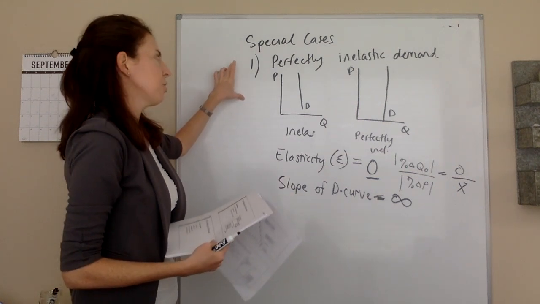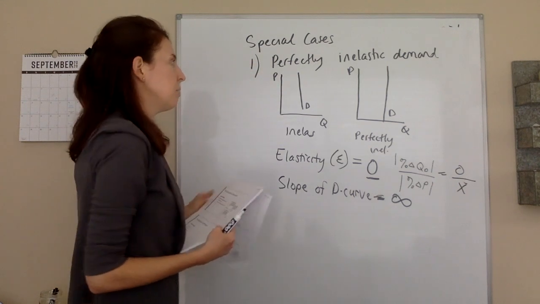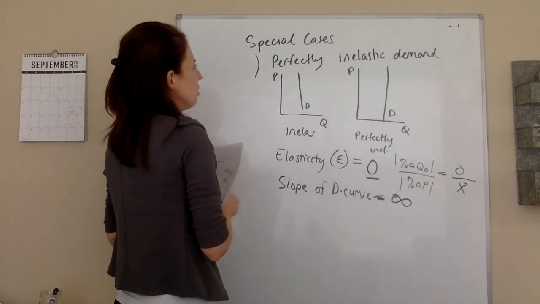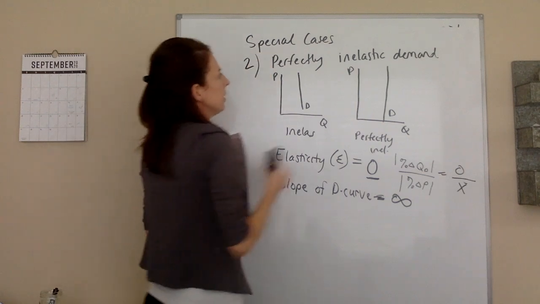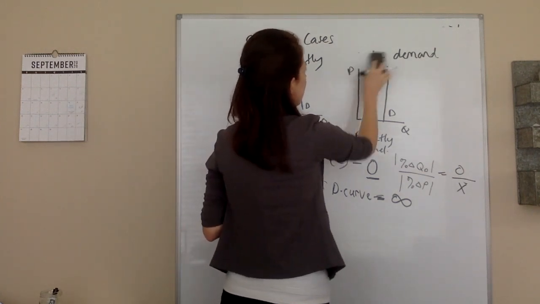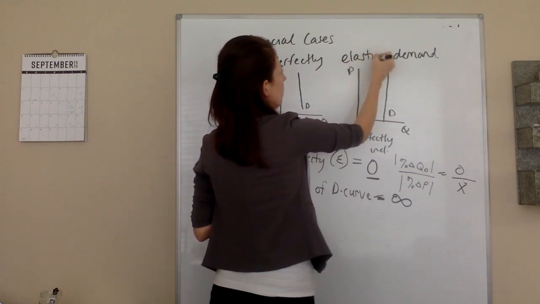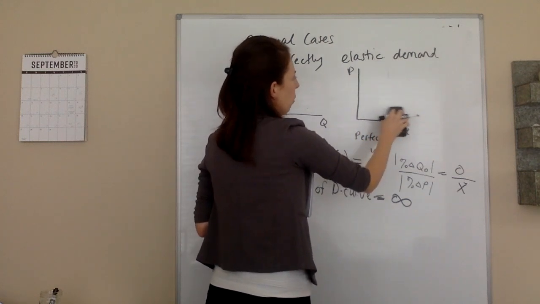The other end of the spectrum is you can also have a perfectly elastic demand. Okay, so special case number 2 is a perfectly elastic demand. What's going to be true about that?